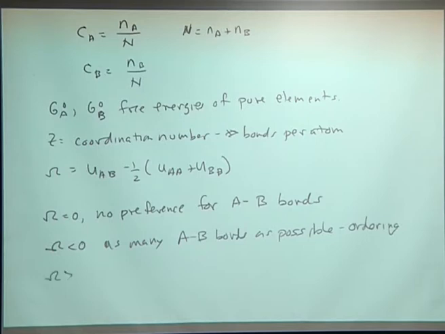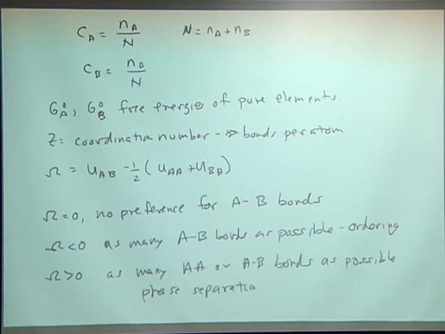And if omega is greater than 0, you want as many AA or BB bonds. And this gives rise to phase separation. And so what it does basically is it gives you a model of the chemical free energy that we need as an input to a phase field model.